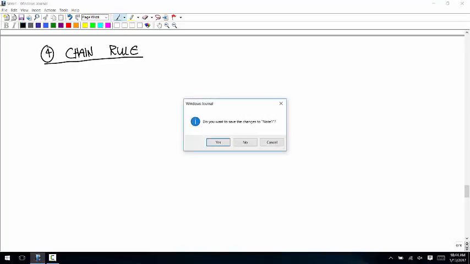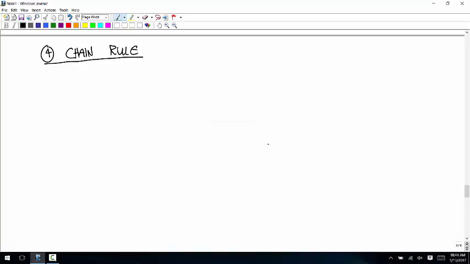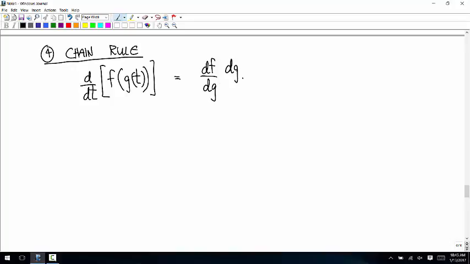In our case, since we're only dealing with a single independent variable, the time derivative of a function of another function is df dg times dg dt.